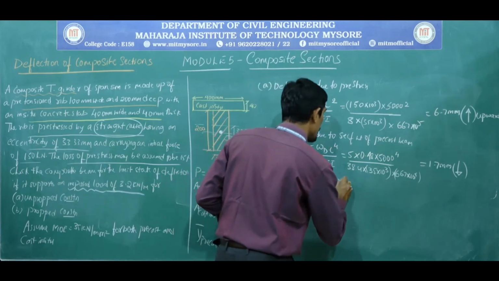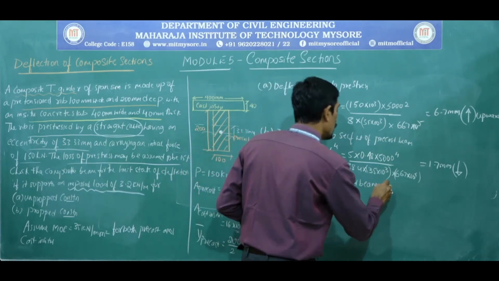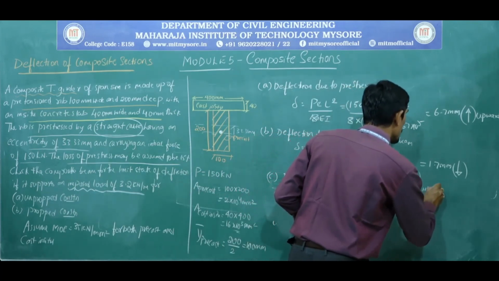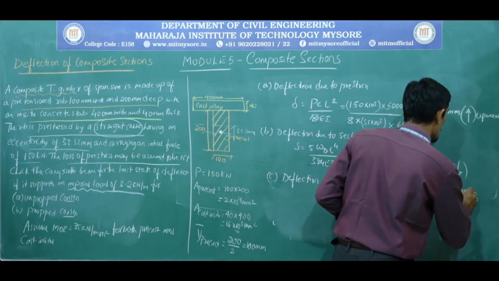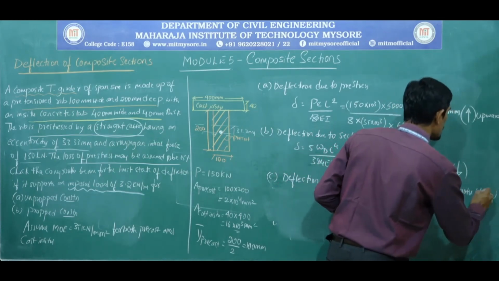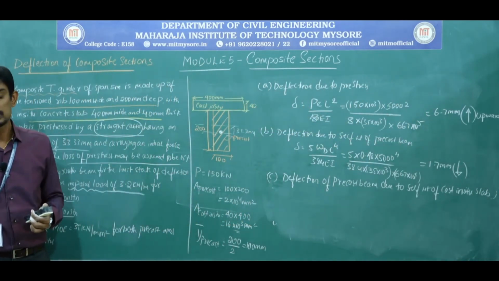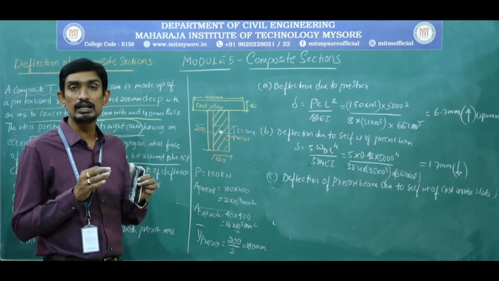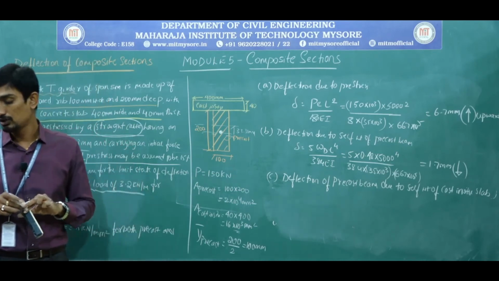Please be careful, deflection of precast beam due to the self weight of cast in situ slab. Due to the self weight of cast in situ slab. Deflection of precast beam due to the self weight of cast in situ slab. That means it is clearly indicating the unpropped case. It is an unpropped case.